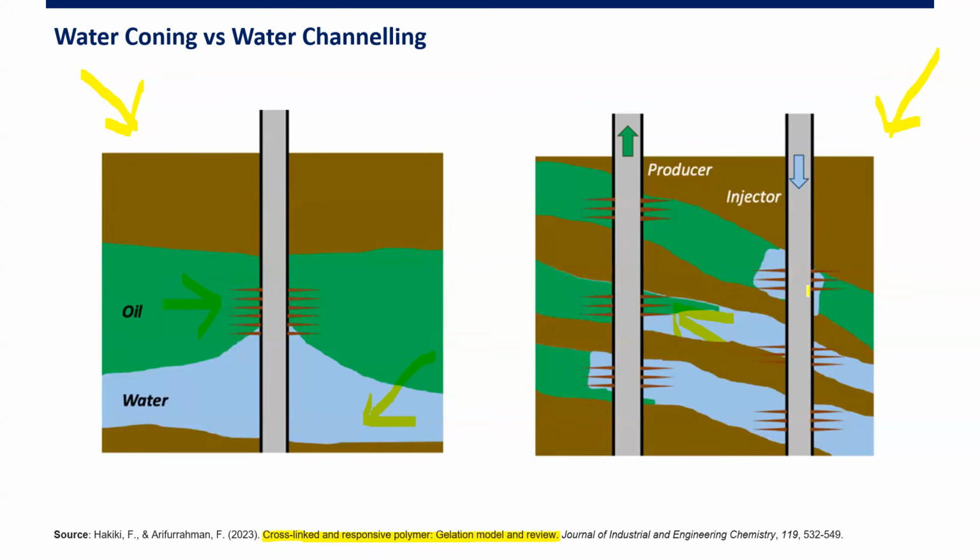The channel can be an induced fracture, a waterflood-induced fracture. It can be a conductive fault. It can be a natural fracture. It can be anything that has high permeability and somehow extends between our water source and our producer.